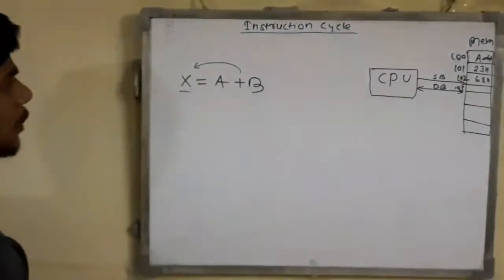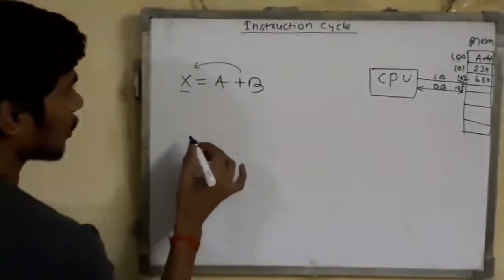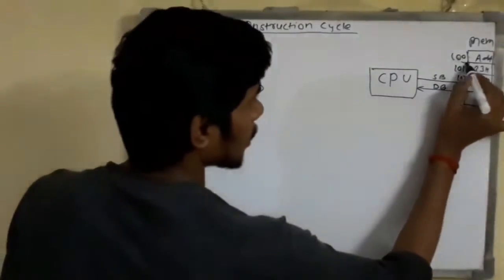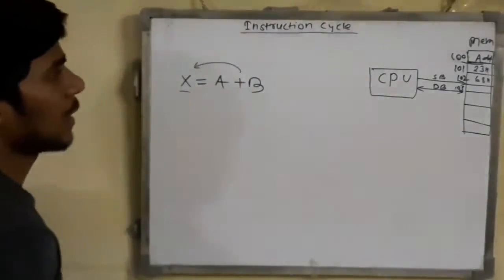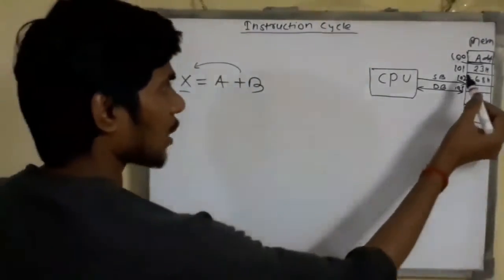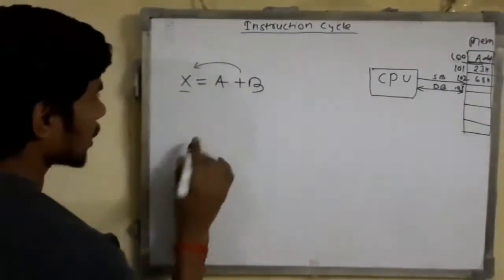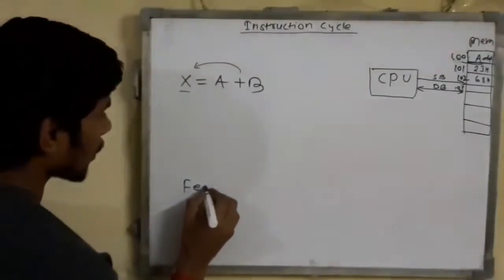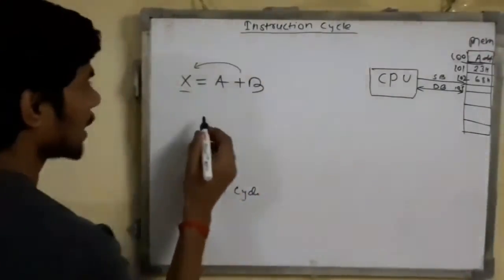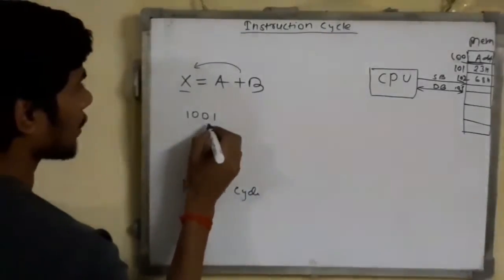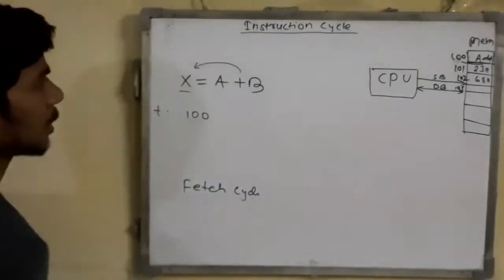Now we have to perform these operations completely. So what we need to do first is fetch this instruction, only this instruction, addition. In the first cycle, we are only going to recognize the type of operation. So the first thing is the fetch cycle. We have a starting address like 100, from where the program starts.